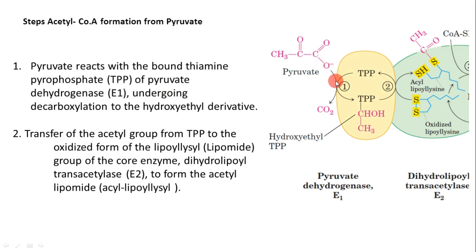and it undergoes decarboxylation. A carbon dioxide molecule is eliminated from the pyruvic acid. The COOH group of pyruvic acid is eliminated in the form of carbon dioxide.